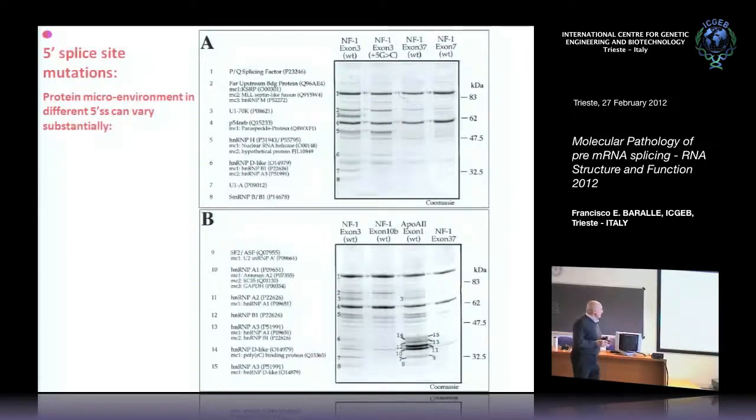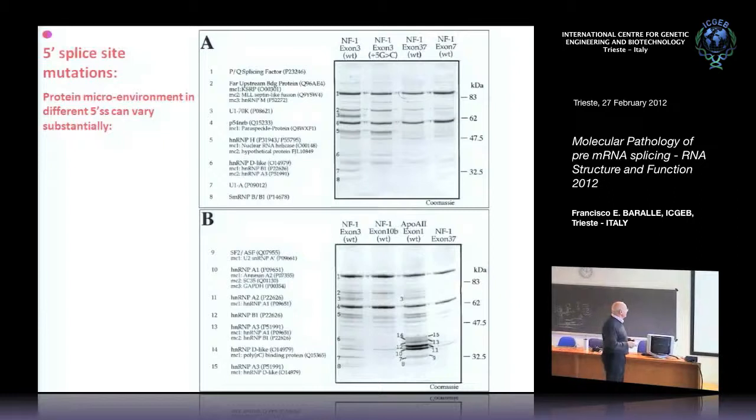Let's move from the exon to the 5' splice site. What you are seeing here is what we call a pull down. You take a short RNA sequence, for example, across the 5' splice site, and you take nuclear extracts and incubate with it, separate the RNA-protein complex with magnetic beads or whatever, and look at the proteins that are in the complex.